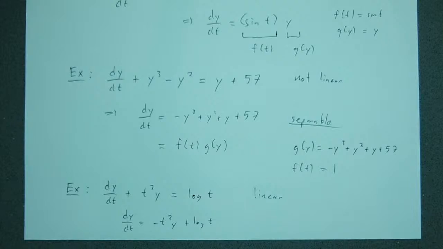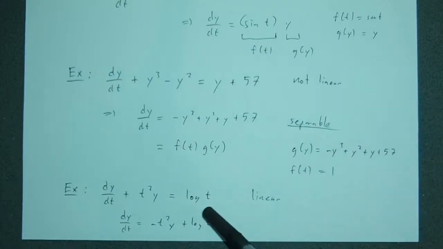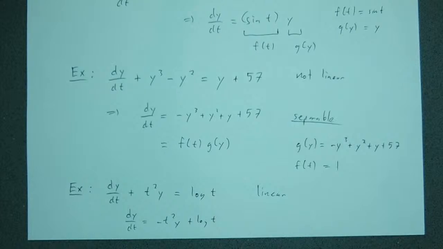No, right? Now, if this log t was a t squared, could I separate this out? Yes, I could. I could factor out a t squared, and now we get t squared times minus y plus 1, and that thing would be separable. So sometimes a non-homogeneous linear equation can be separable, but in this case, it's not.